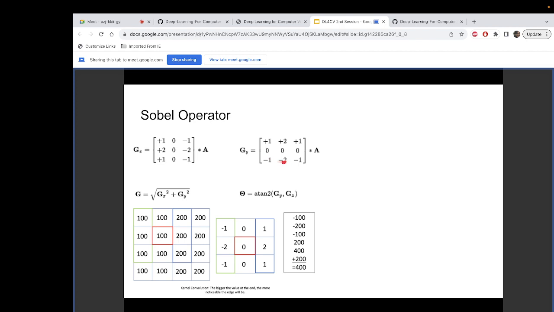If they are very different, then I am likely an edge point. Because this is above and below, I am trying to detect an edge which is likely horizontal in nature. Similarly for this one, since the zeros are across the columns, this is likely vertical in nature. Keep these small things in mind.